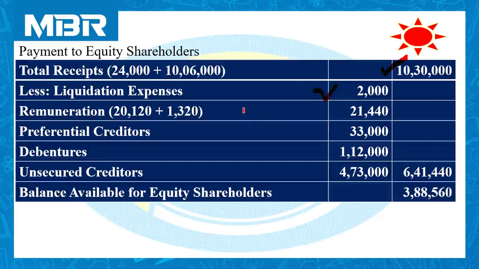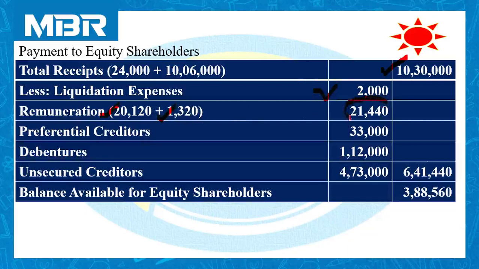Remuneration to the liquidator, we don't know the total amount of liquidator's remuneration, but we can calculate the amount of liquidator's remuneration on total asset 20,120 and the amount paid to preferential creditors 1,320.